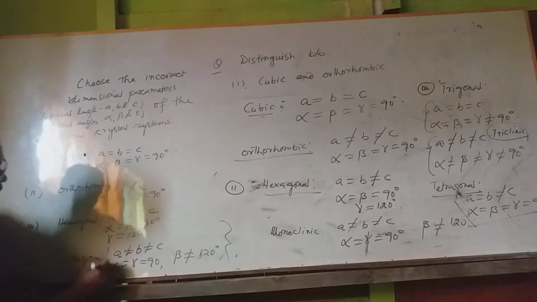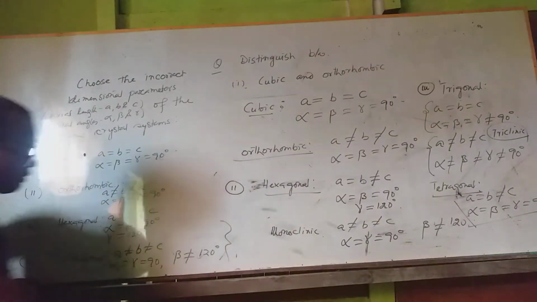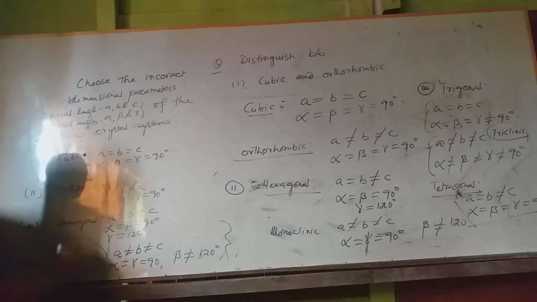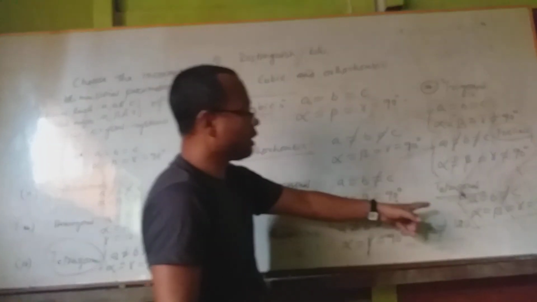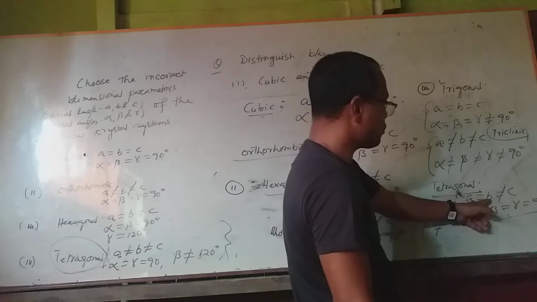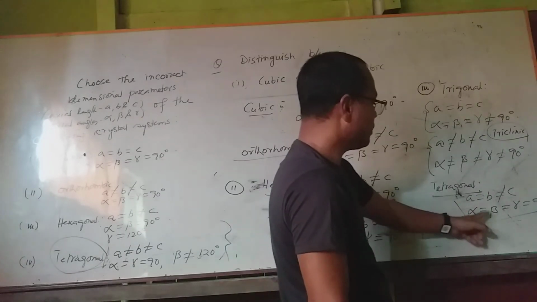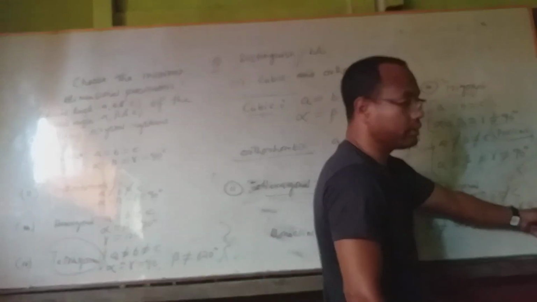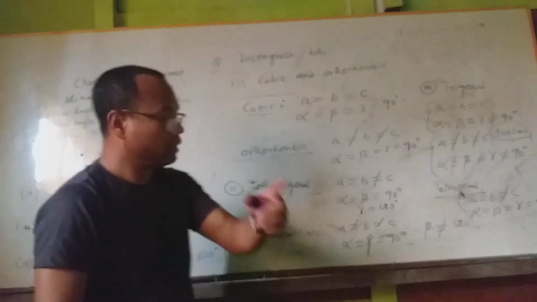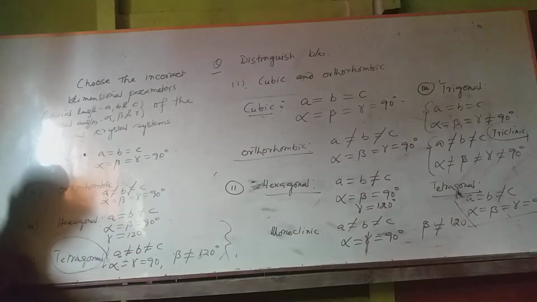So this parameter is for the monoclinic. But for the tetragonal, what should the dimensional parameter be? A and B should be the same, but C is different from A and B. Alpha, beta and gamma are equal to 90 degrees. So the incorrect option is tetragonal.